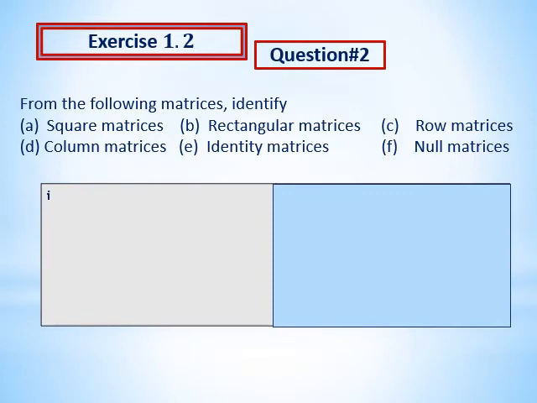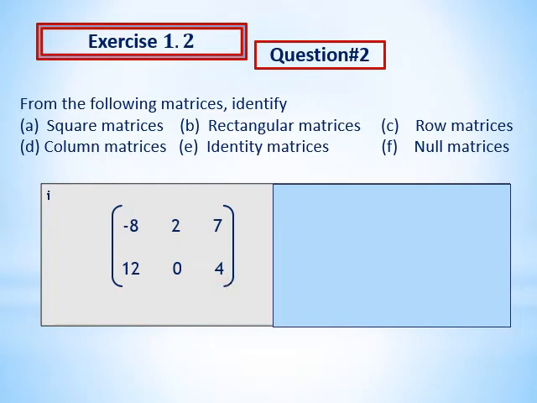Part 1 of question number 2. The matrix is given, and its entries are -8, 2, 7, this is the first row, and 12, 0, and 4, this is the second row. It has 1, 2, and 3 columns.